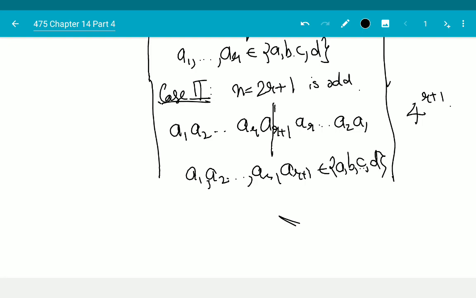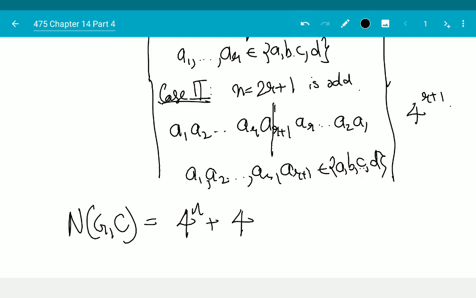And I have a nice way of writing this function. So N_G(C) is equal to 4 to the n plus, well, in the even case it's 4 to the n over 2. In the odd case it's not 4 to the n over 2. It's more than 4 to the n over 2, right?